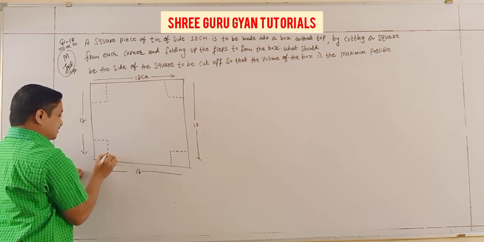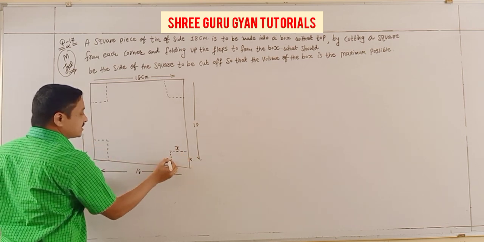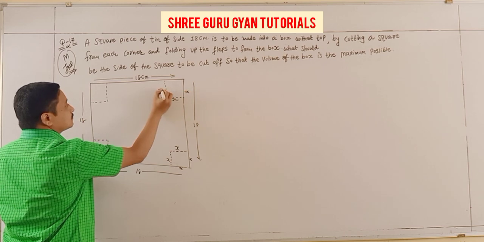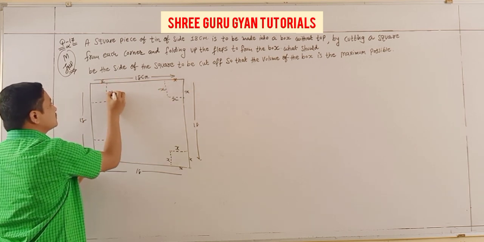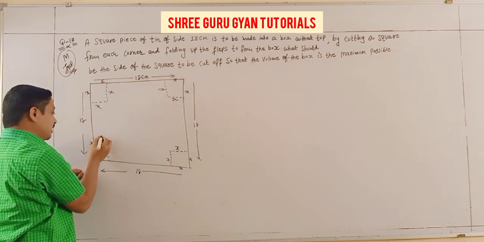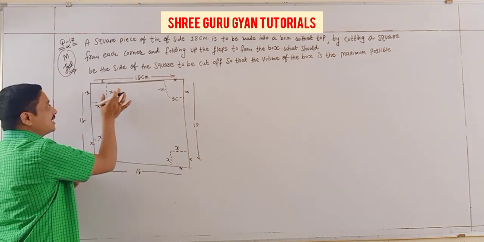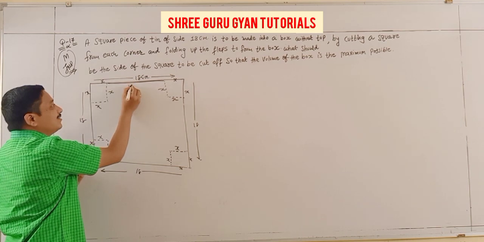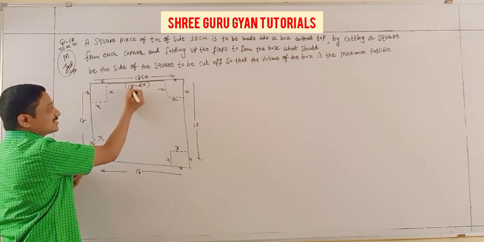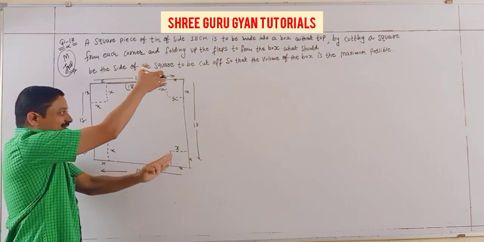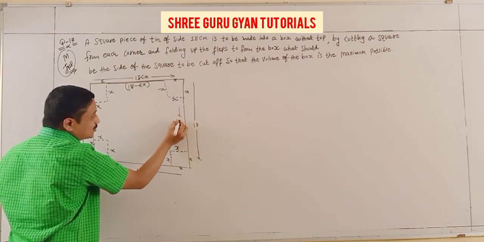Each side I cut it. Consider each side is x, and here also x. So what are the remaining sides here? Yes, here x and here x gone. We have 18 minus 2x, because 1x and 1x gone. Same here, these sides are 18 minus 2x.